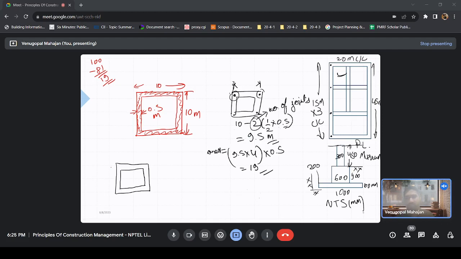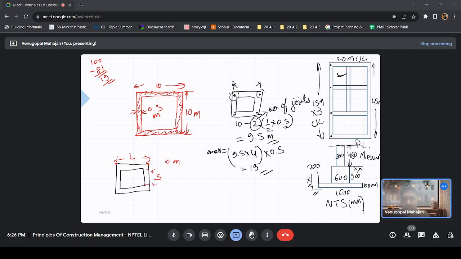So let's come back to the concept of long wall short wall. Let's say we have fixed this is the long wall, this is the short wall. For the long wall we will take edge to edge. What is the edge to edge distance in this case? 10 meter. And for the short wall we would take the inner dimension.